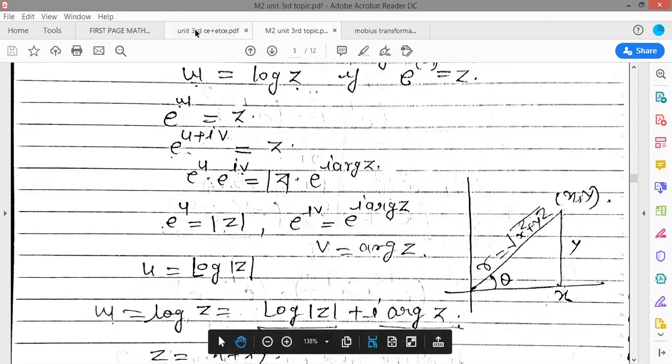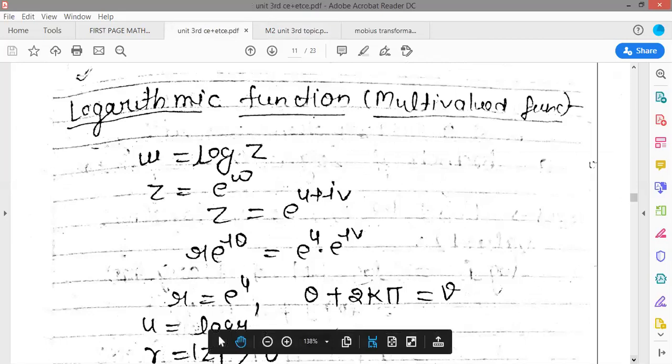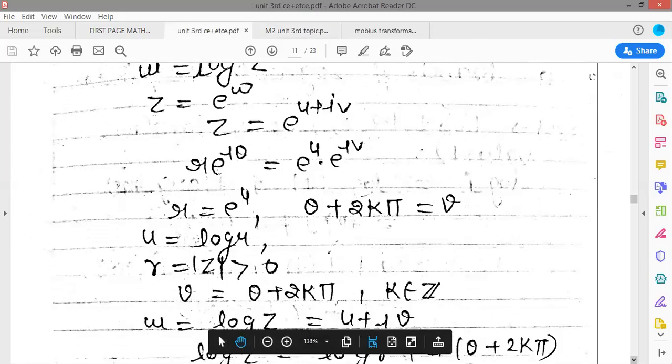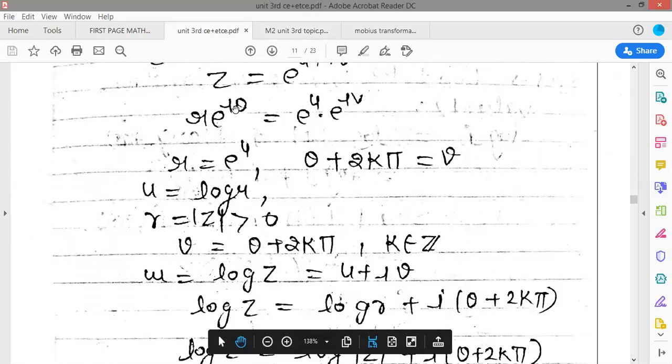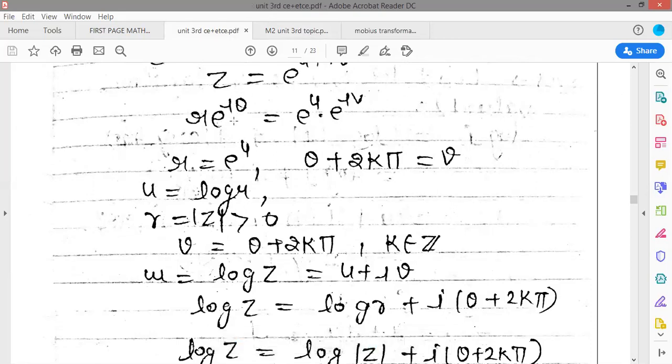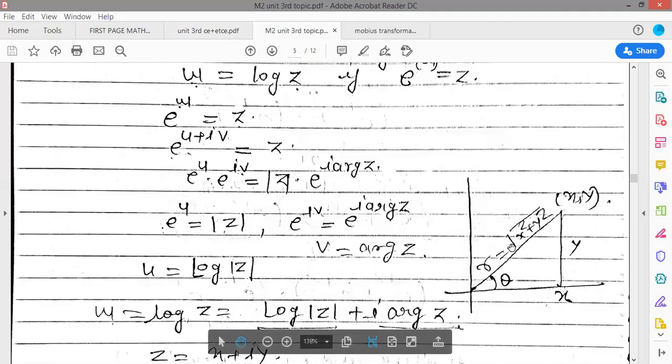So what is u and v? We know that z is equal to r e to the power i theta, another form of complex variable. So you can write u is equal to log r, where r is equal to square root of x square plus y square. As I told you, the polar form comes from this figure.